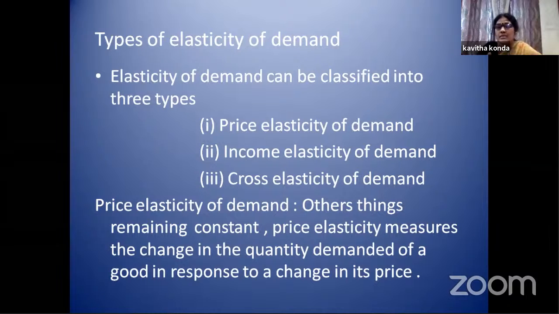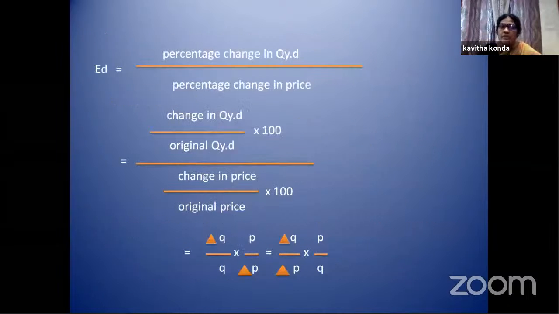Price elasticity measures the change in the quantity demanded of a good in response to the change in its price, that is, the proportionate change in the quantity demanded divided by the proportionate change in the price. We can show this as a formula.